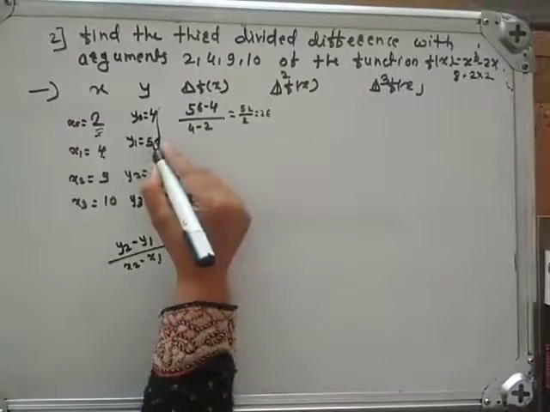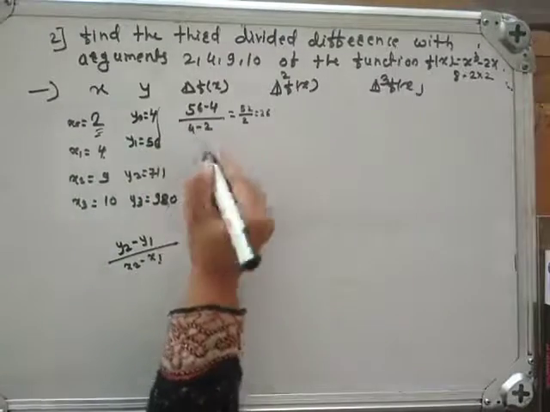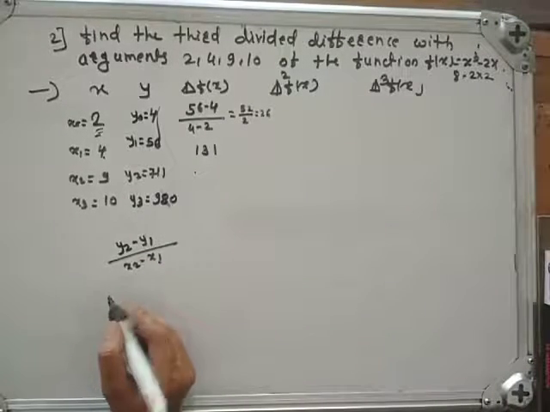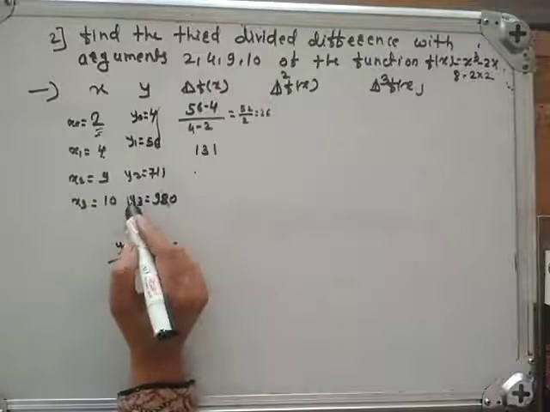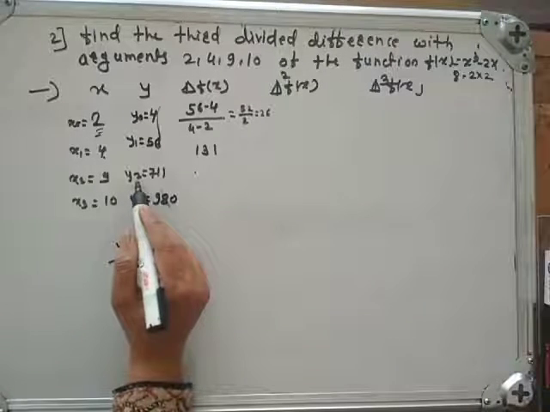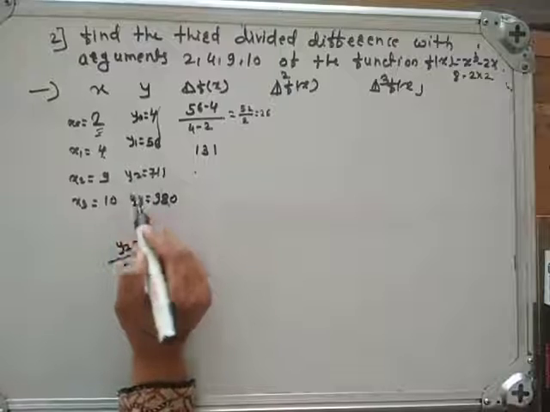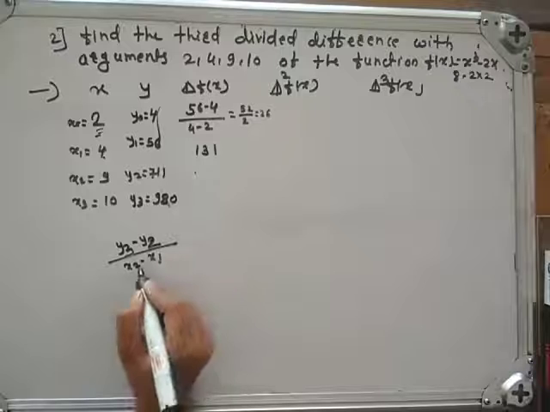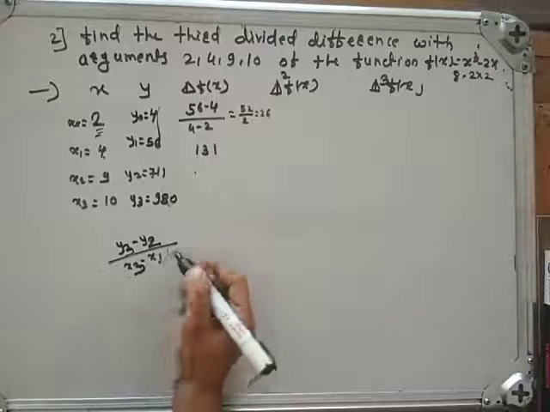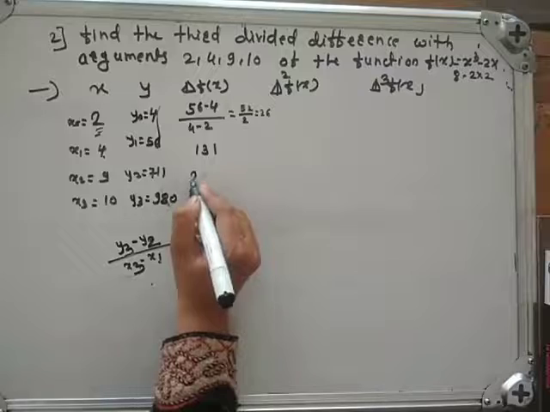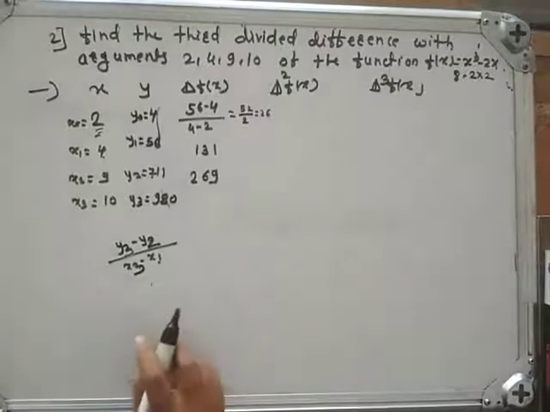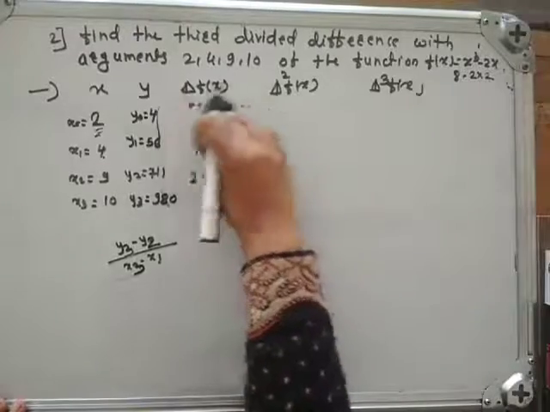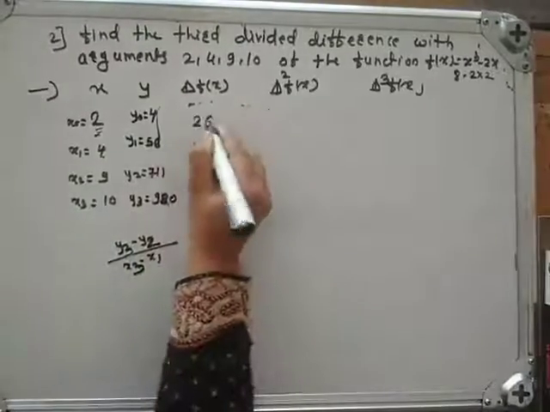Write this difference in between y2 and y1. Next, calculate the first divided difference for y2 and y3. So your formula becomes y3 minus y2 upon x3 minus x2. So you will get 269. Okay.